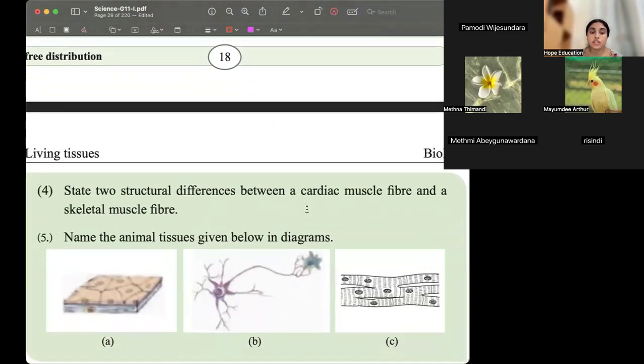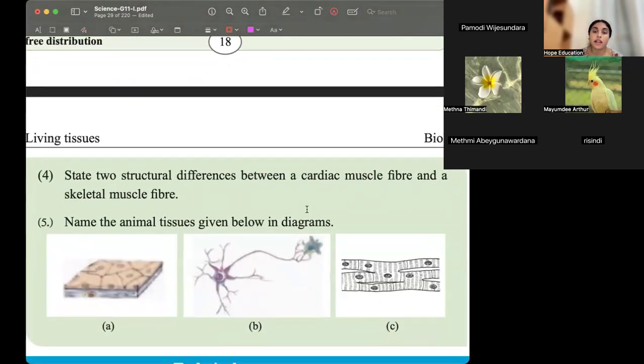State two structural differences between cardiac muscle fiber and skeletal muscle fiber.